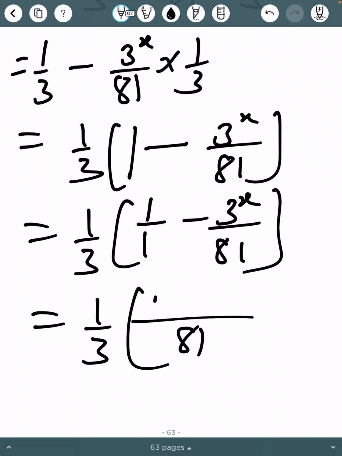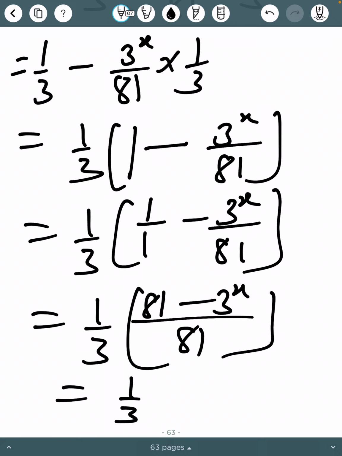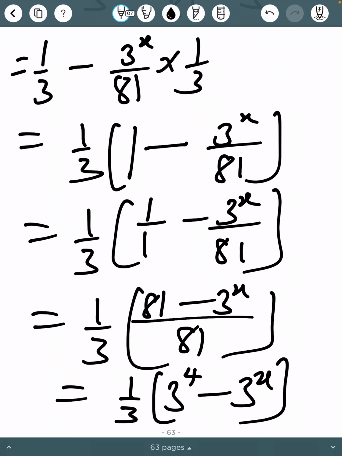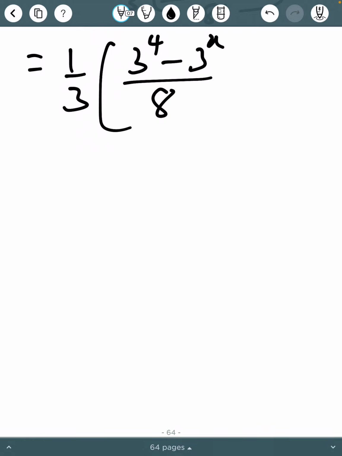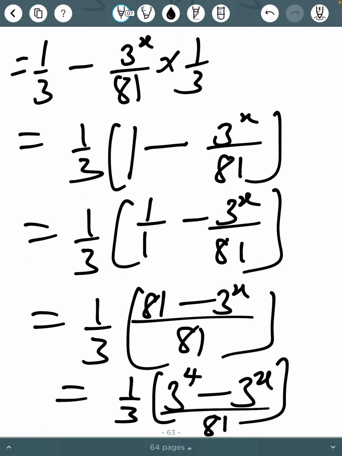Then 81 minus 3 raised to power x. So that's 1 over 3 times 3 raised to power 4 minus 3 raised to power x over 81. Previous step.